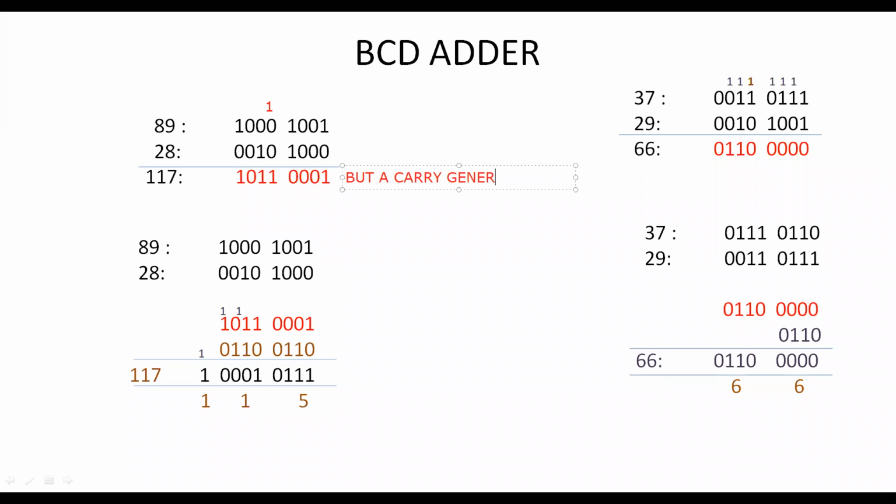A carry is generated from A3 to A4 bit. When we are adding A3 plus B3, a carry is generated. And whenever we are getting a carry from the A3 bit to the A4 bit, then we need to add a correction.